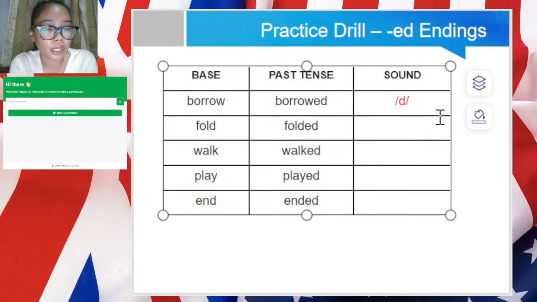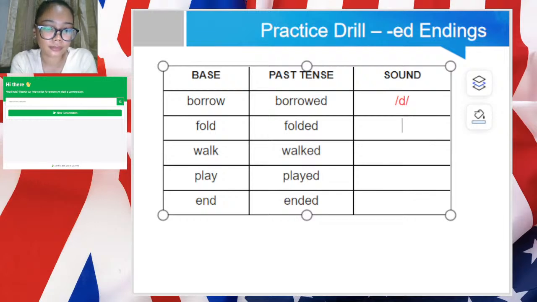Again, let me read the word borrowed. Borrowed. You do not pronounce it as borrowt or borrowid. It's borrowed. The second rule. Since we're talking about number two, let's have the next one. Fold is the base word and it becomes folded. Folded. What's the suffix ed sound here? Folded.